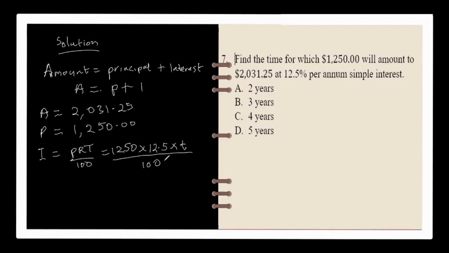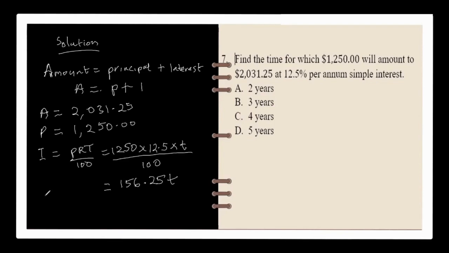Okay, now if we multiply out, this part is going to give us 156.25 T. That's what it will give to us.